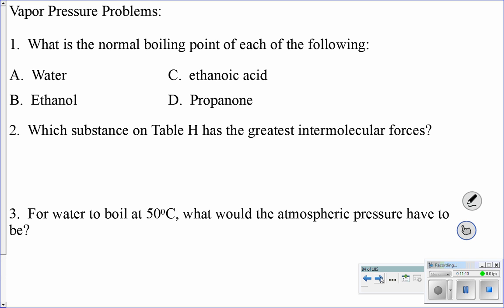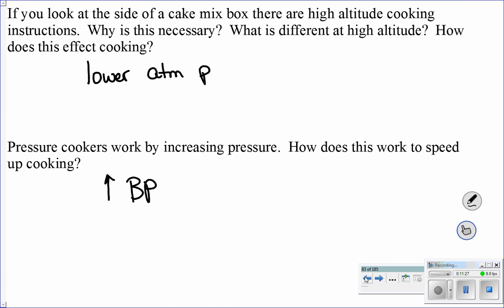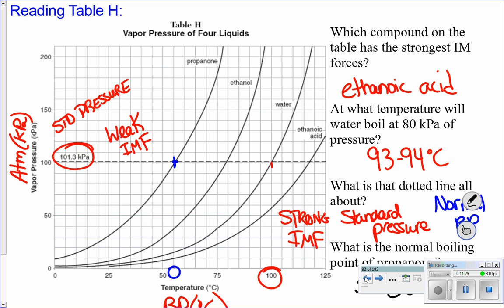So a couple quick questions. You should be able to determine the normal boiling point for each substance on the chart. We already did water, which is 100 degrees Celsius, and propanone, which is about 56 degrees Celsius. So we'll do ethanol and ethanoic acid. Ethanol hits right here, which if we follow that down, gives about 80.